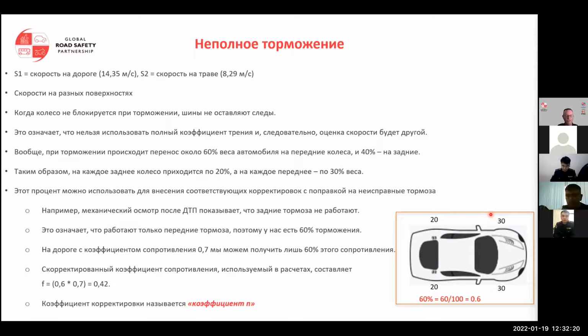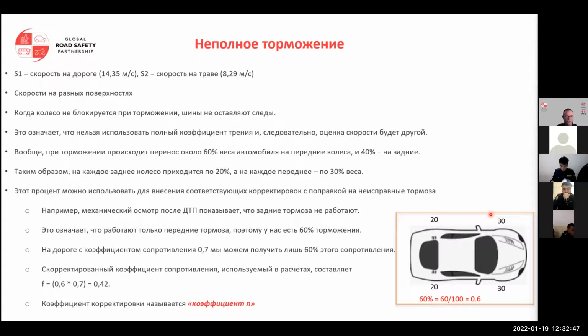We have to adjust it to account for the fact that some of the wheels weren't braking. Your mechanical inspection is very important here. You need the mechanic to look at the vehicle and tell you that yes, all 4 brakes are operating correctly, or no, the rear brakes aren't functioning. You need to know that so we know how to adjust the drag factor.